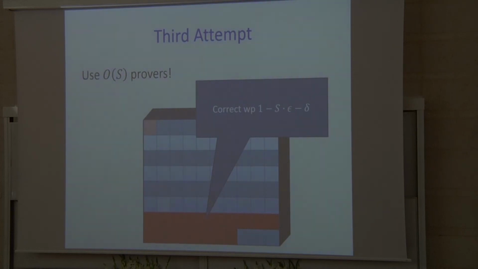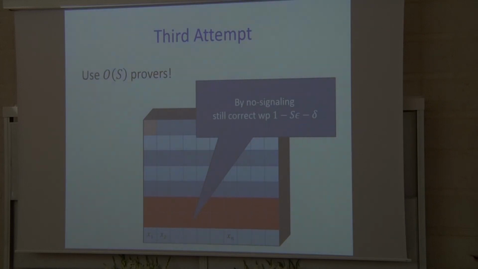Good. Now we can ask what happens when instead of asking about the first and second layer, I ask about the second and third layer. If I look at the second layer, we know from before that the answer was supposed to be correct with this probability. By the no signaling property, even if I ask about the third layer instead of the first layer, this probability needs to stay the same.